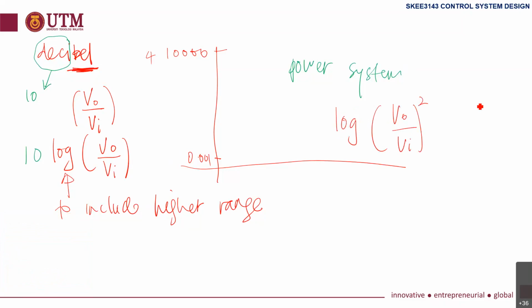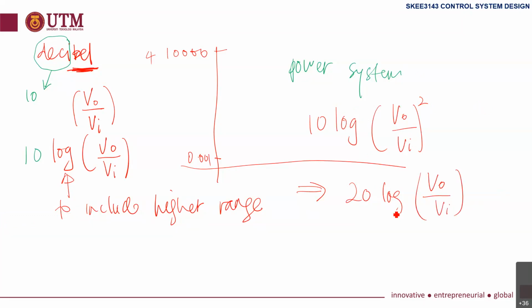They square. But this is related to power. 10 log V naught over V in squared, due to power V squared. Then in log, we know that this can also be written as 20 log V naught over V in.